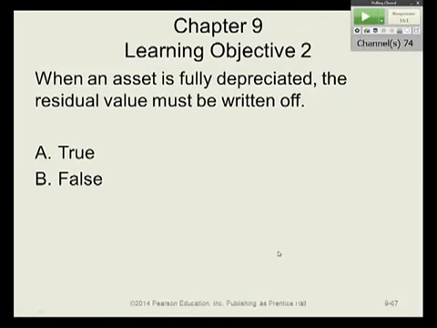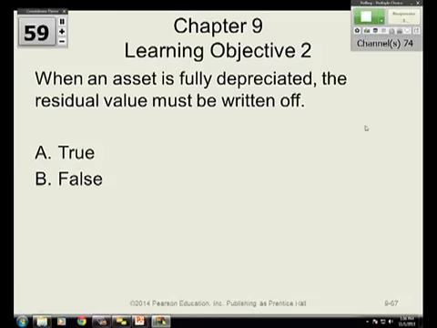All right, the next one, I'm going to go back. I know I skipped this one. I definitely want you to answer this question. When an asset is fully depreciated, then the residual value must be written off. True or false?